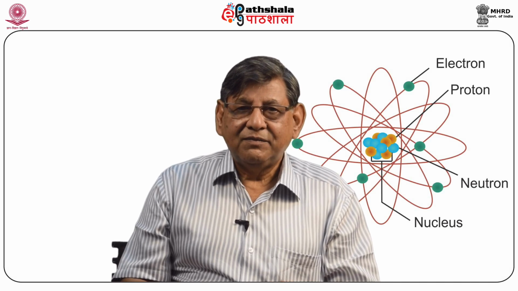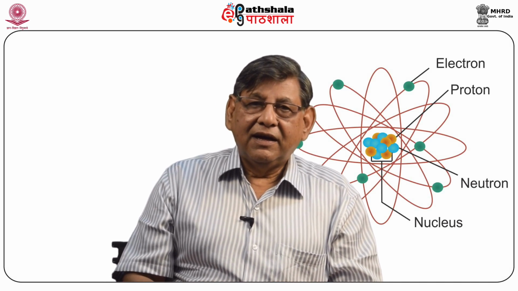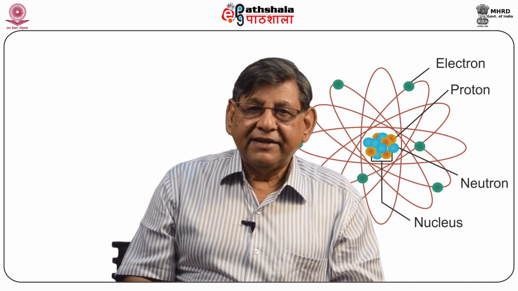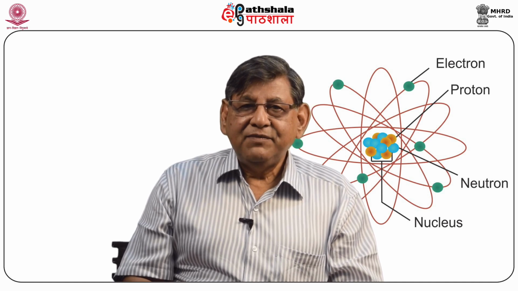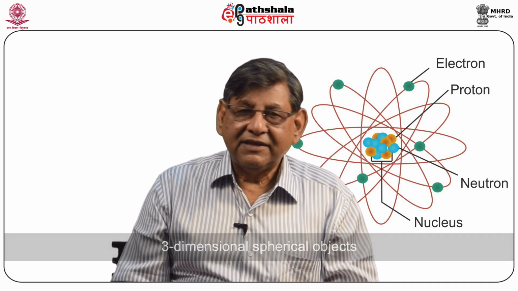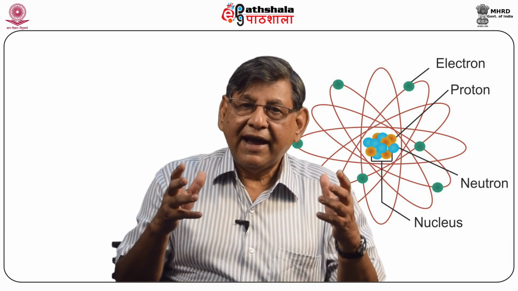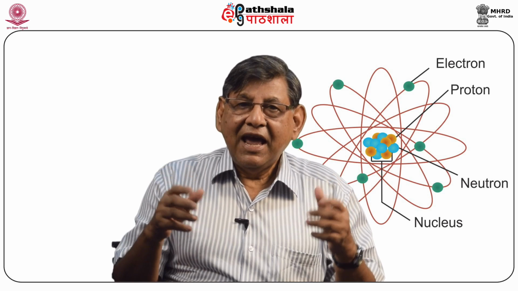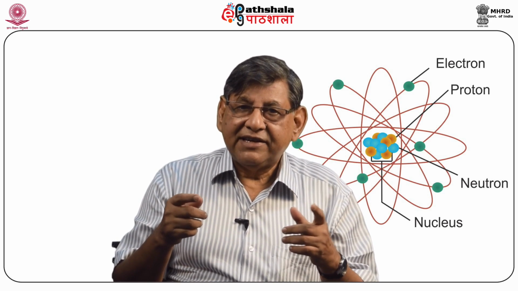Now let us discuss a few points about elliptical orbits and the existence of shells in atoms. Atoms are actually three-dimensional spherical objects, and they have both circular and elliptical orbits having different orientations in space, as in the planetary model.